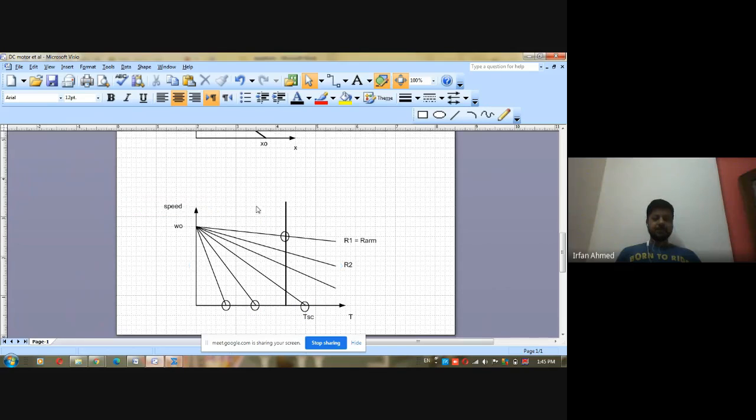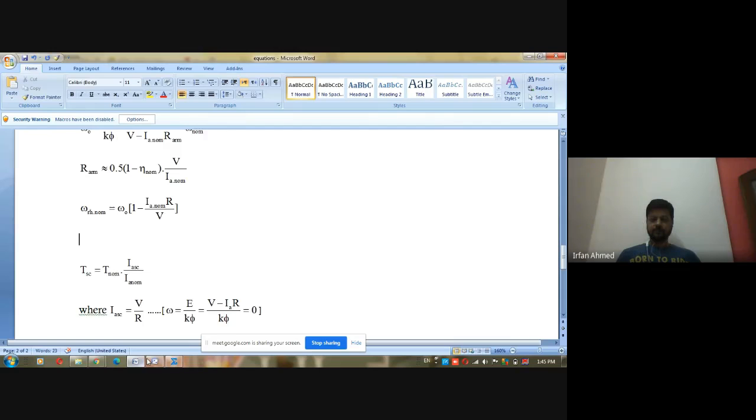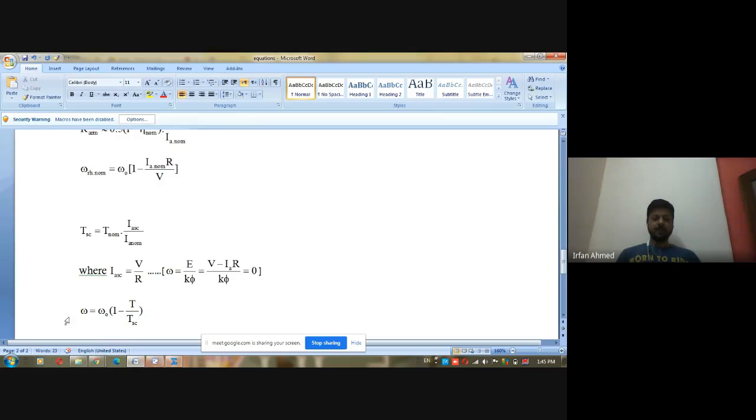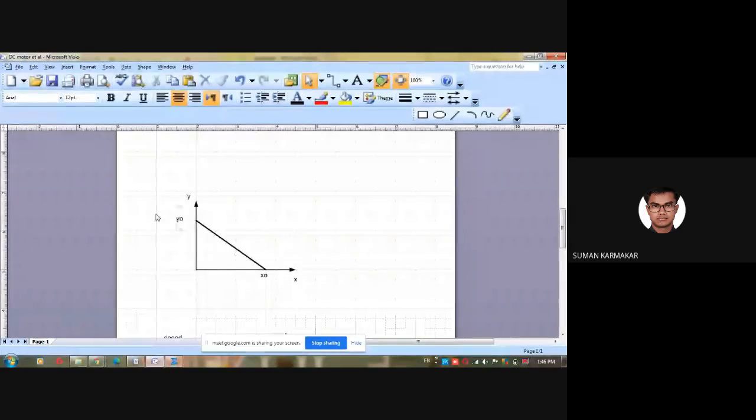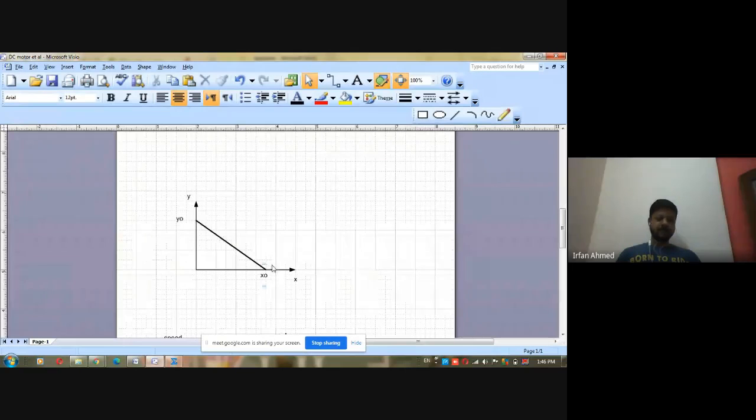Now this speed torque characteristic equation, the equation of this line, can also be written in the following form. What form? Omega is equal to omega 0 into 1 minus T by Tsc. How do you obtain this? This is the line, suppose. So from the graph, what is the slope of this line? y2 minus y1 divided by x2 minus x1.